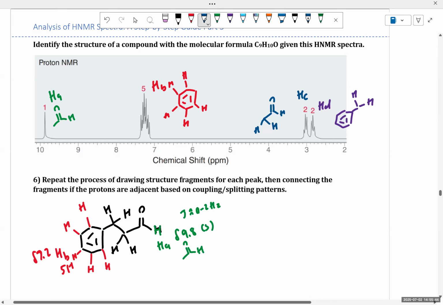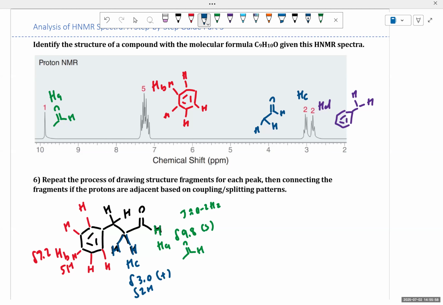Okay, let's take a look at now the protons adjacent to the aldehyde, proton C. These have a chemical shift of around 3.0. We integrate for two hydrogens and they're a triplet. So there must be two adjacent protons. And we in fact can see those two adjacent protons.